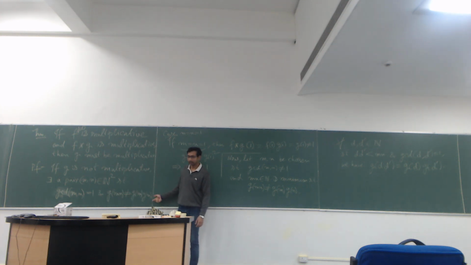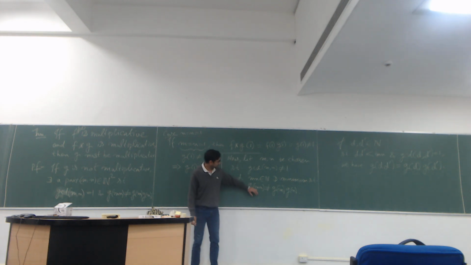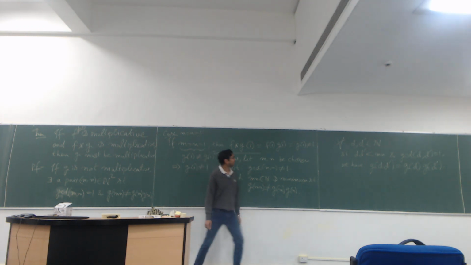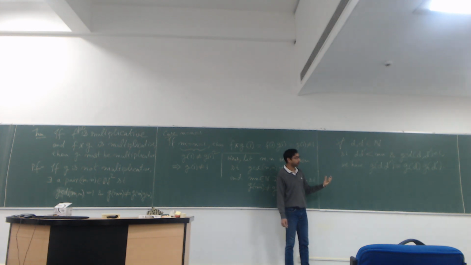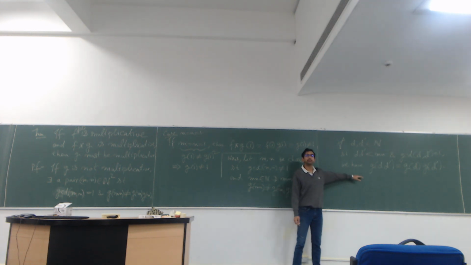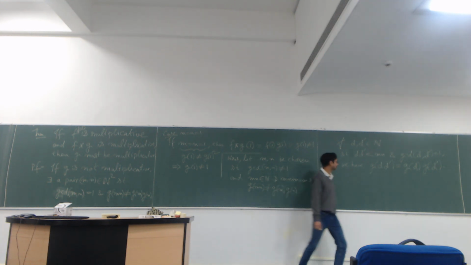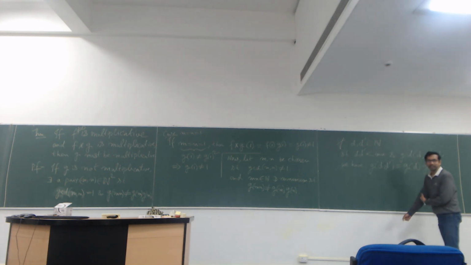So here we are choosing MN to have the minimum value for which such an equality is not true. And that means that for every d, d prime whose product is less than MN, we must have the equality. So that's what we do.